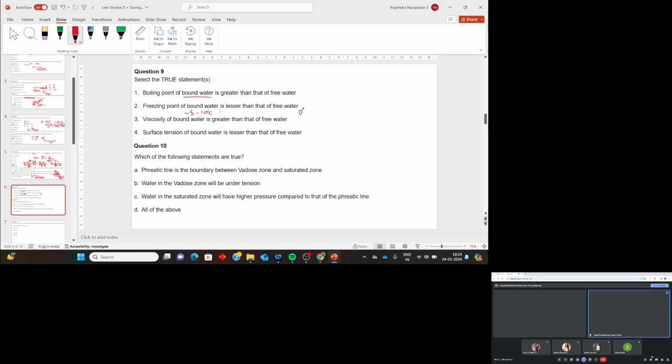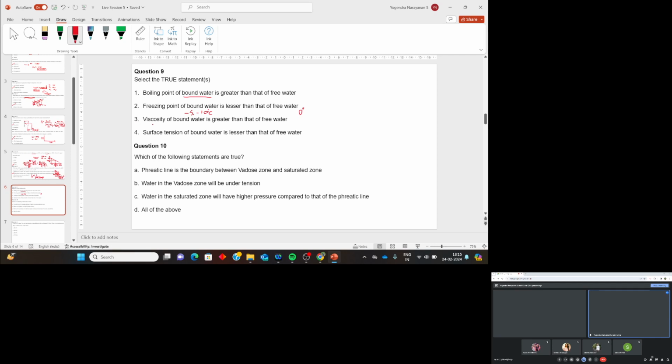And coming to the third option, viscosity of bound water is greater than that of free water. It is obvious that this bound water is held by attractive forces, and viscosity is the resistance offered by the fluid itself to flow. So the bound water will face more difficulty in flowing compared to free water.